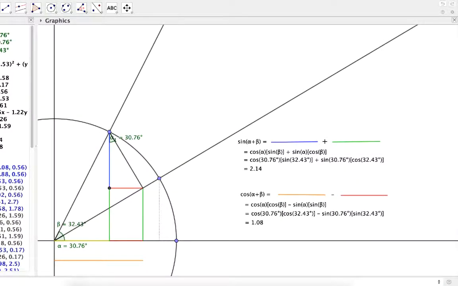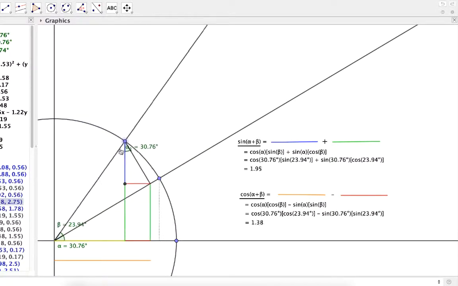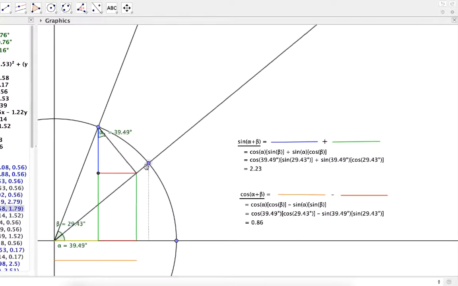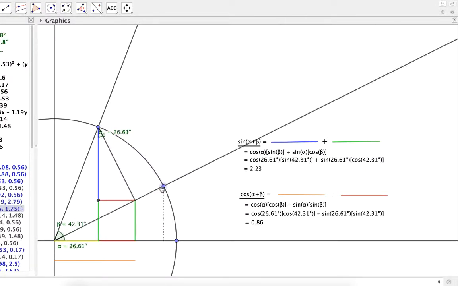So let's head back over to technology. On the chalkboard, we were able to prove the two higher order identities, which is sine of alpha plus beta and cosine of alpha plus beta. I was able to make this construction on GeoGebra, and this allows us to use technology unlike a lot of the old mathematicians would be able to, but we're able to slide around and change the inputs and our alphas and betas.